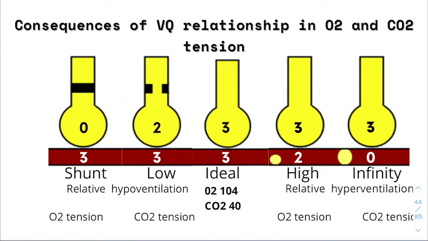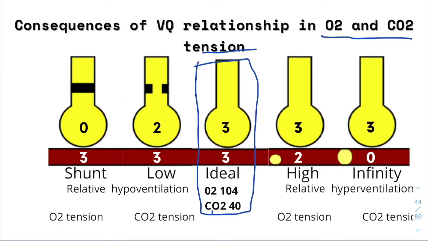So what would be the consequences of VQ relationship with regards to your oxygen and CO2 tension? Remember what we have discussed? In an ideal setup, your oxygen tension is about 104 millimeters mercury, and your CO2 tension is about 40 millimeters mercury. In a low VQ and a shunt VQ, there is relative hypoventilation.